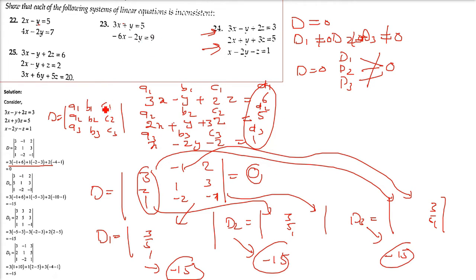They are inconsistent, undefined. Why? Because if I tell you that minus 15 divided by 0, you will say, how do I divide it? It is not possible, right? It is inconsistent. So I hope you will be able to do this, because the determinant you know how to compute.